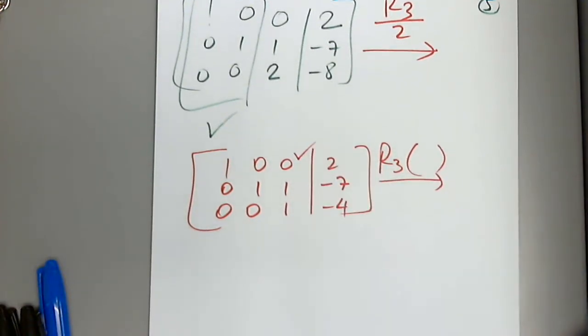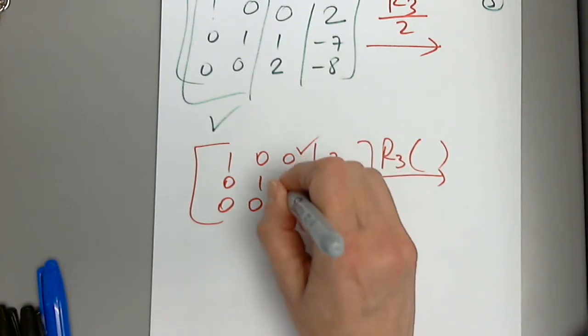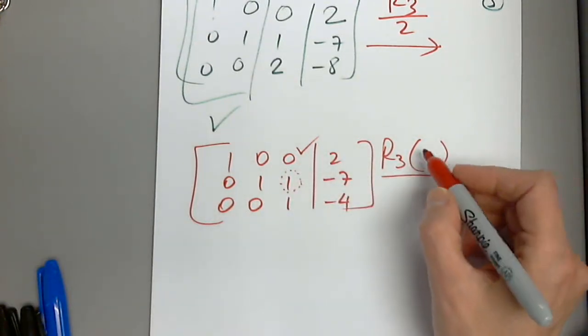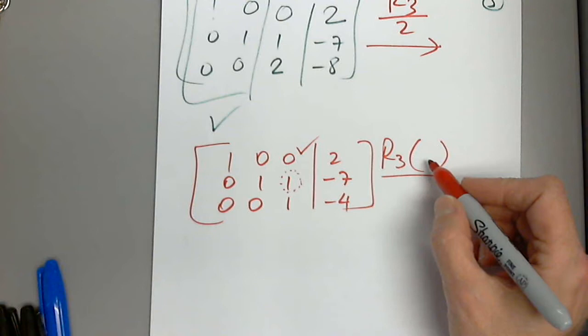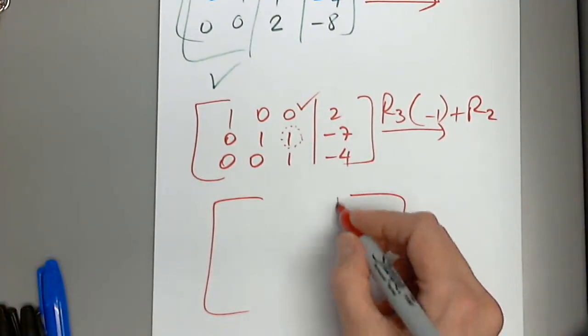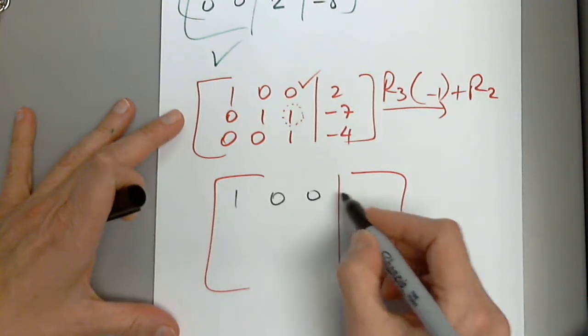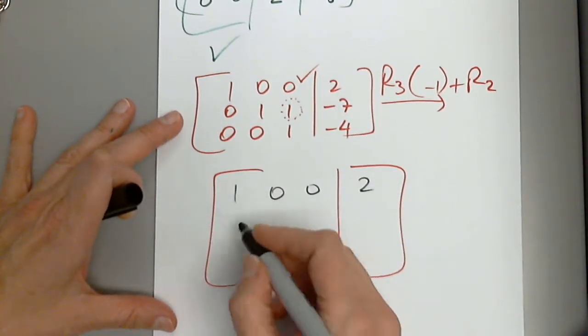Since I got the 0 by chance, I only want to work on this. So I'm multiplying row 3 by negative 1 and add it to row 2. And that will be the final step, unless, we hope that's not the case, we have mistakes. So I copy 1, 0, 0, and 2 because that will not change in this case.